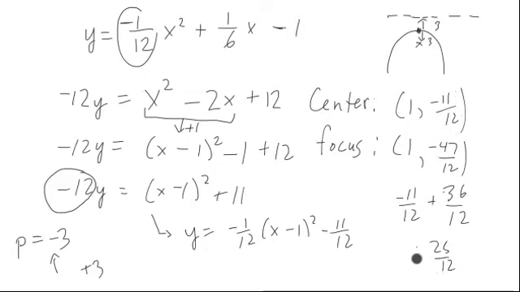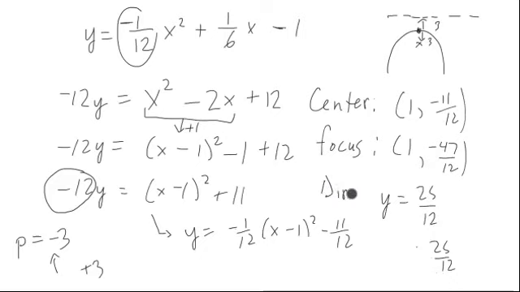Okay, so the directrix happens at this y value. So the equation for the directrix then is simply y is equal to, okay, so that was plus 3 than that, 25/12. So that's the directrix.